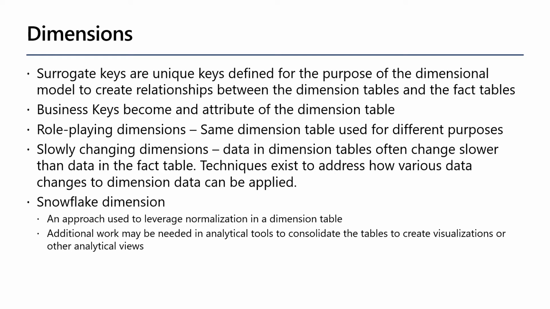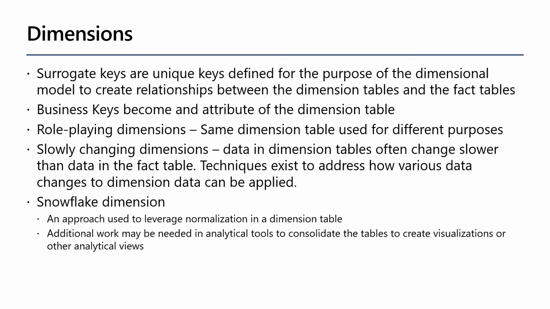We might have a single date table that we create in our dimensional model, and we might use that for the purpose of order date, shipping date, the sales date, and so on. So the idea is we're not actually recreating the physical table and restoring that data, but in our data model, we would leverage it through multiple relationships to perform that different role.